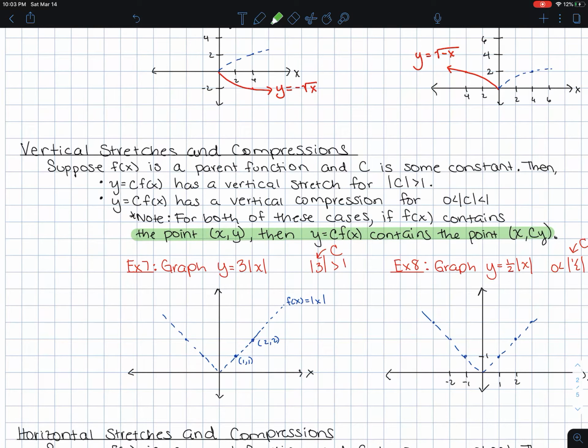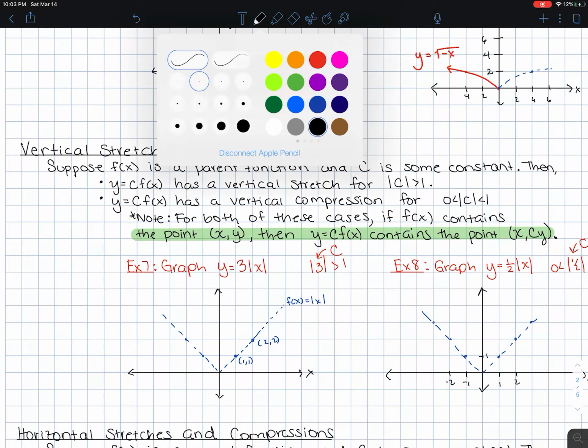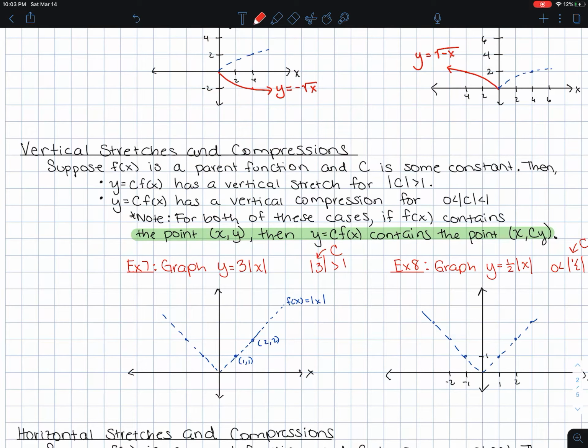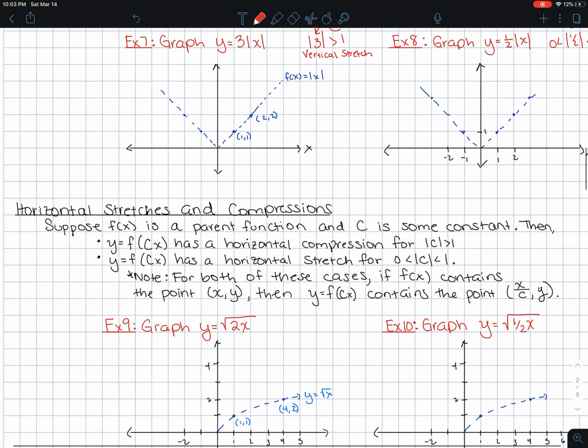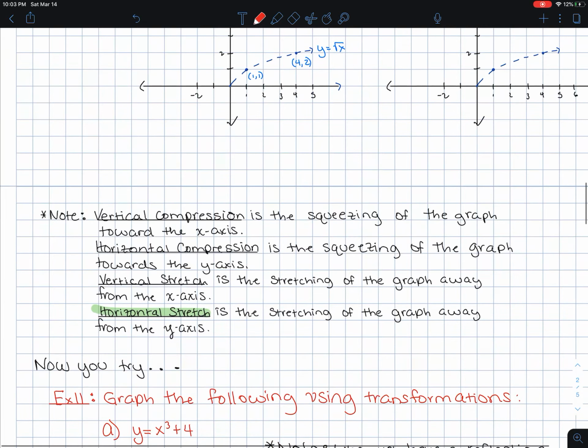If you look at example 7, we have our constant 3 and our constant is greater than 1. So because it is greater than 1, we have a vertical stretch. I'm just going to write that here, vertical stretch. If I were you, I would take some time to read the definitions.